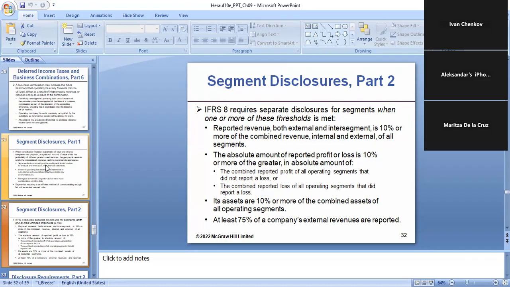Next, the absolute amount of the reported profit or loss is 10% or greater than, in absolute terms, the greater of the combined reported profit of all the segments and the combined reported loss of the operating segments.